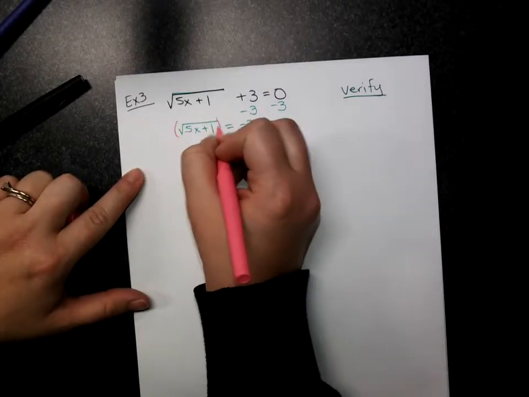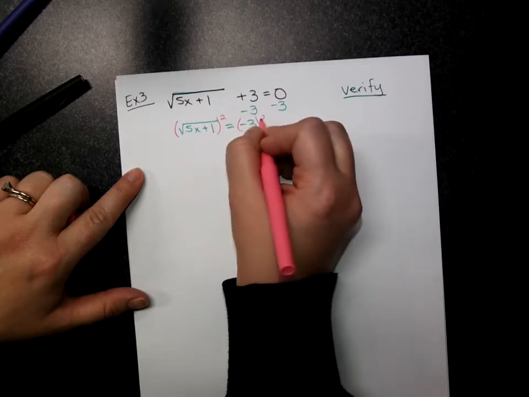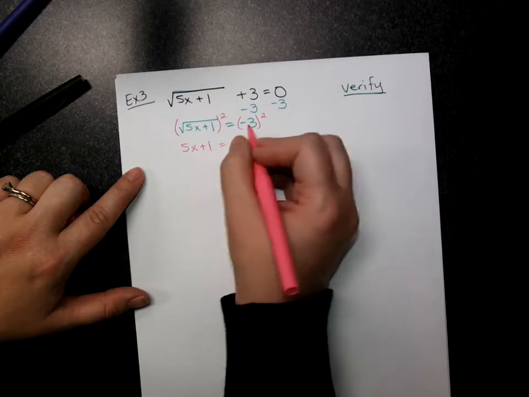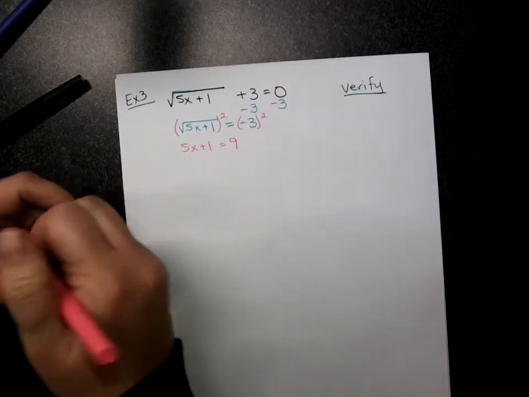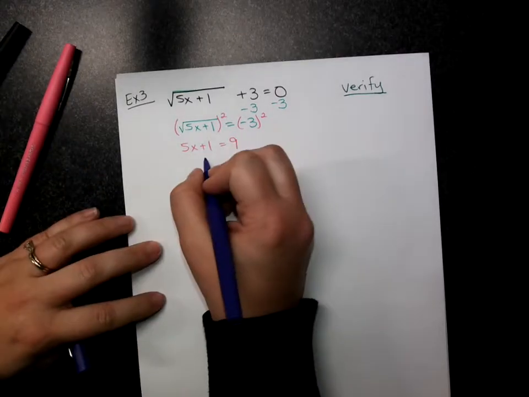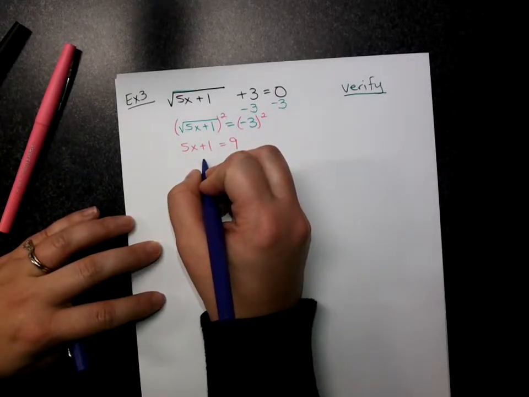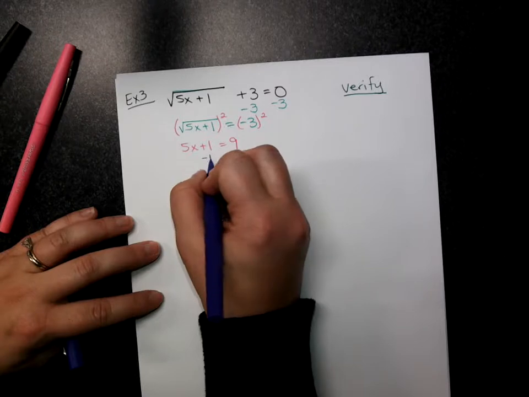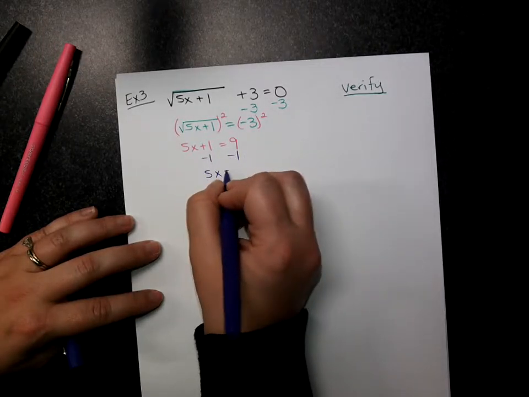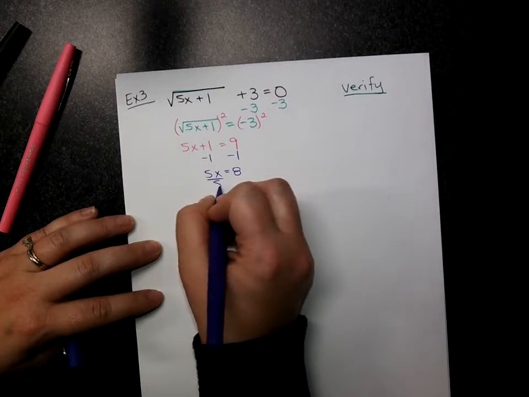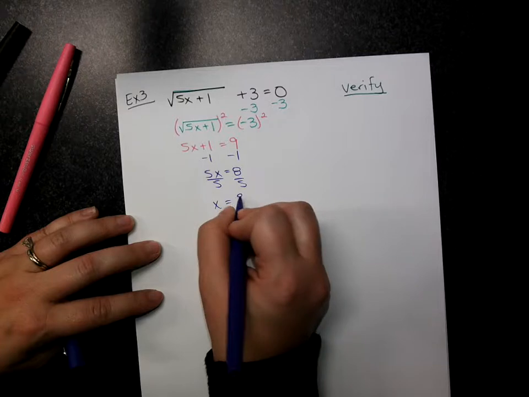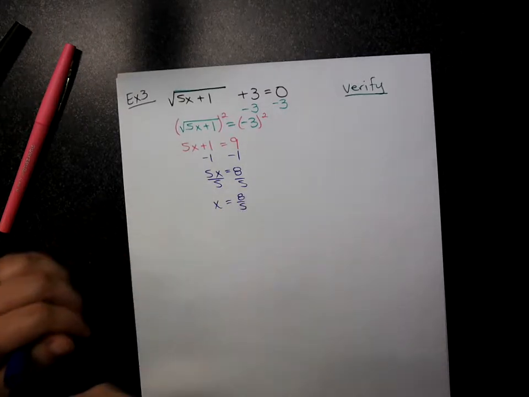From there, we're going to square both sides to undo the radical. That leaves me with 5x plus 1, and negative 3 squared is positive 9. Then I'm going to solve for x. I'm going to move that 1. 5x equals 8, divide by 5, and then x equals 8 over 5.